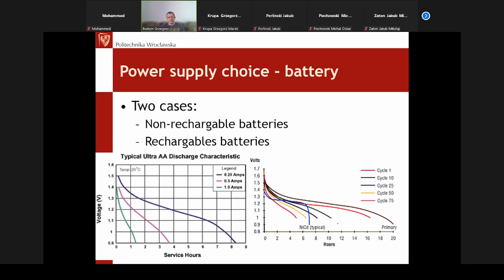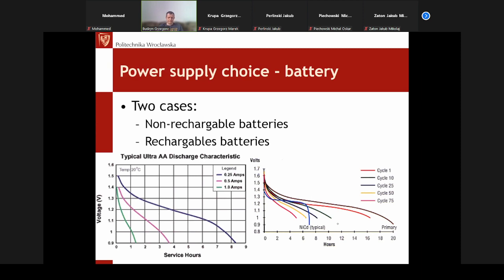With both, again, we've got a couple of options today. In the case of non-rechargeables, the standard ones are the zinc or alkaline batteries.